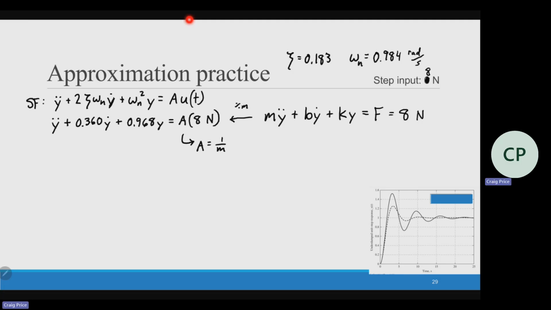We don't know B, we don't know K. So we're kind of stuck right now. This term right here is the same as B over M, and this term right here is the same as K over M. So I have 3 unknowns, but I only have really 2 equations that can get me there.